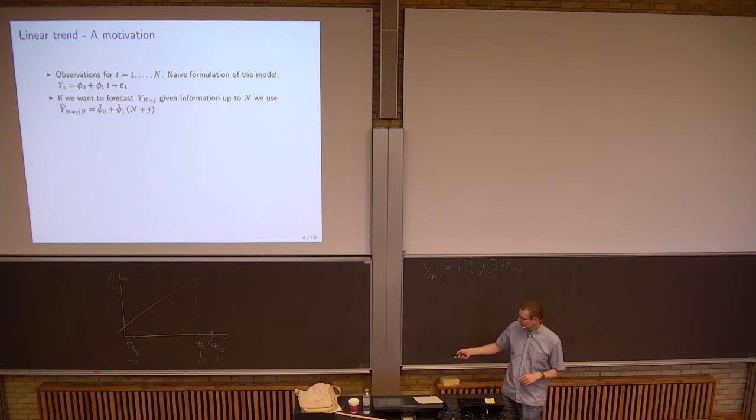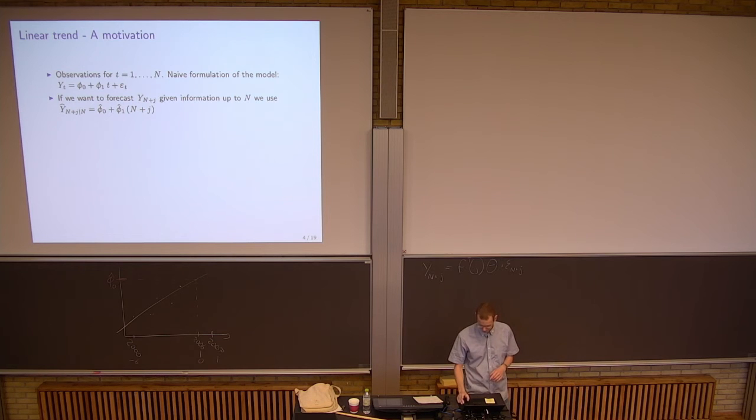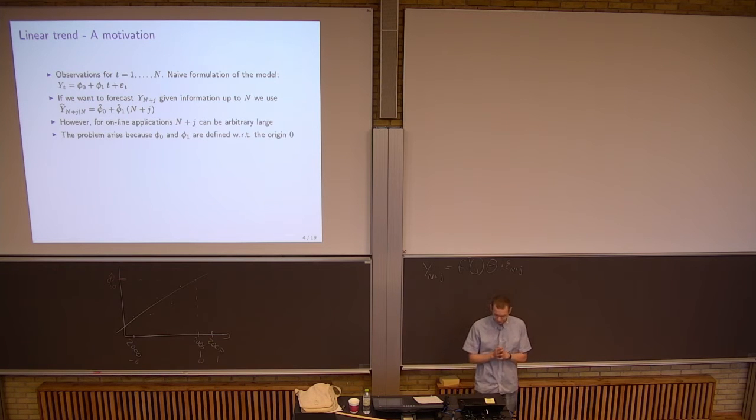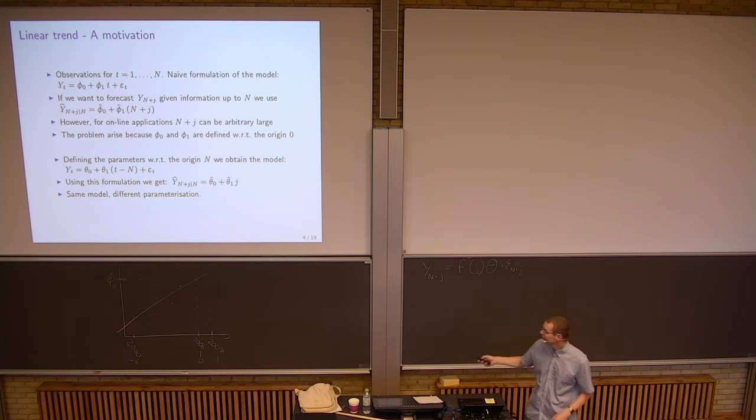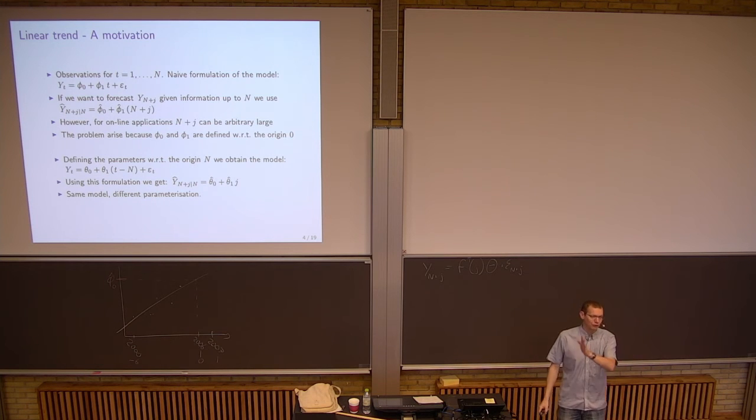But when you just keep in mind that everything is relative to the most recent observation, things are more intuitive. That's basically what I just said. The important thing is, it's the same model. It's just a different parameterization. I just shift the reference time point.